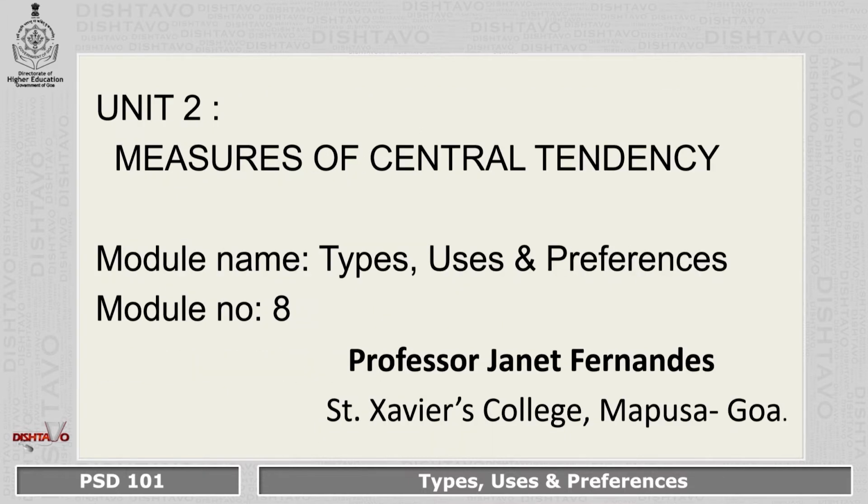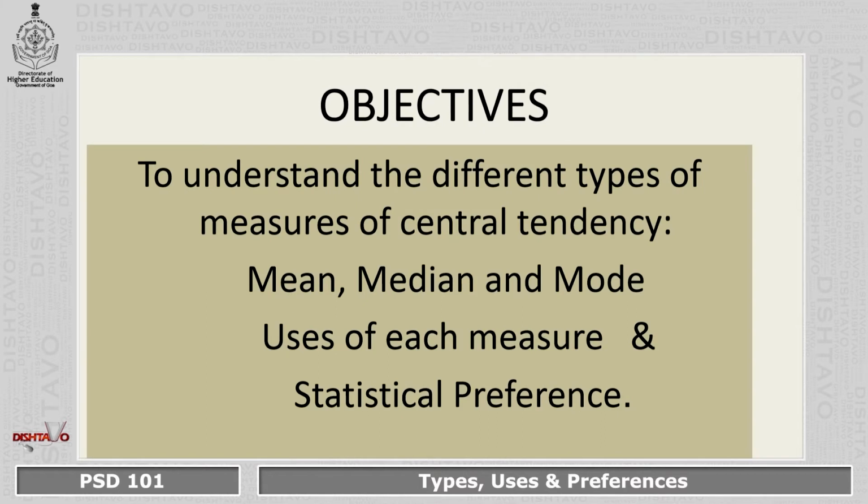Well, today's module is module number 8, and in this module, I'm going to cover for you the different kinds or types of measures of central tendency, their uses and preferences. The main objective of this module is to understand and differentiate the different types of measures of central tendency.